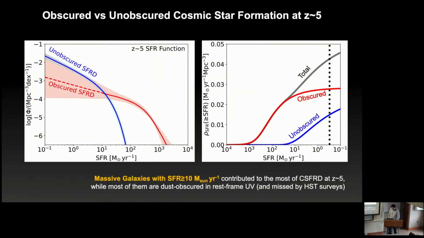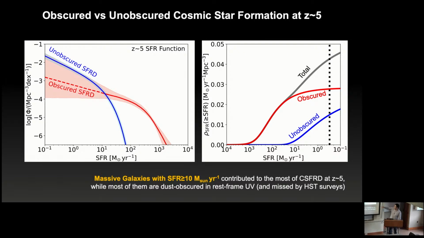So we can also plot the star formation functions. The x-axis is star formation rate, the y-axis is number count. You see the UV-traced population in the blue lines, and what their parameter space is compared with what we observe with ALMA and JADES in the red line. So basically, the two populations diverge at around a few tens of solar masses per year in star formation rate.